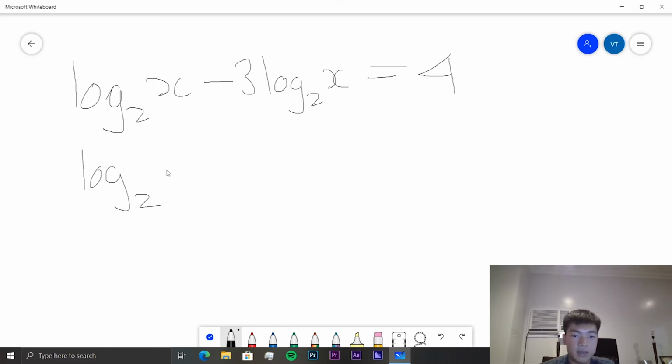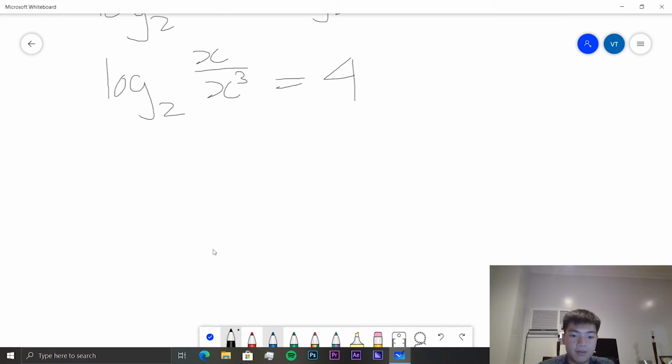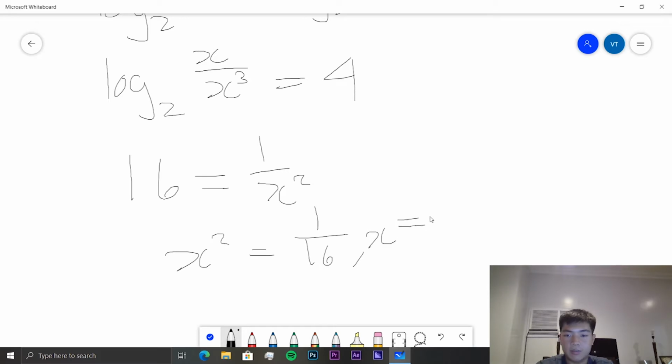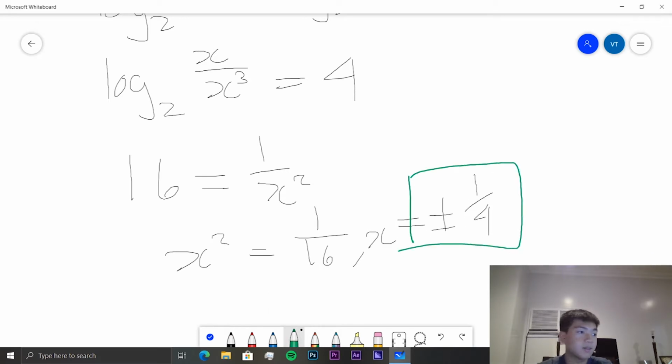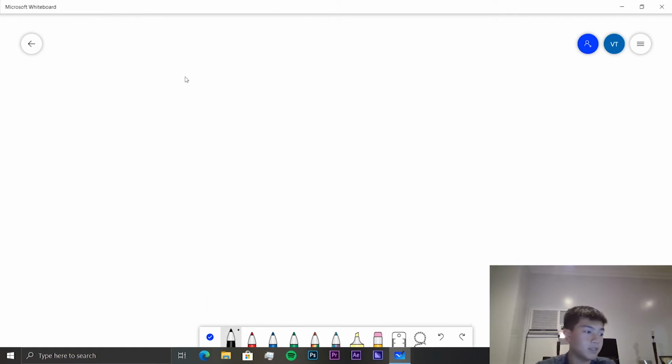Log base 2 of x cubed is equal to 4. Yeah, so then we have 2 to the 4, in a sense 16, is equal to 1 over x squared. So x squared is equal to 1 over 16, so x is equal to plus or minus 1/4. So that should be the answer. Yep, that's correct.